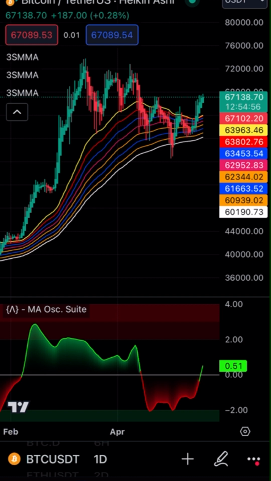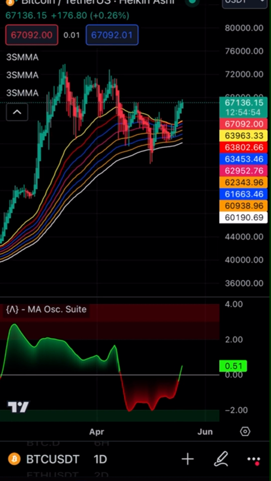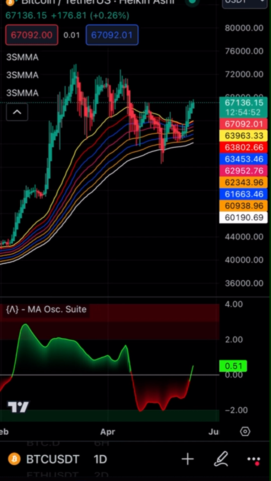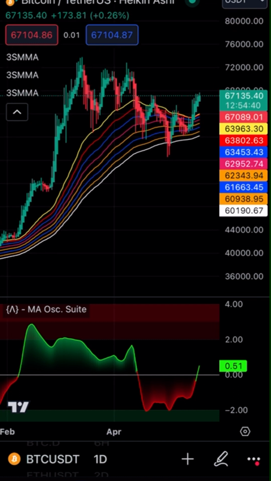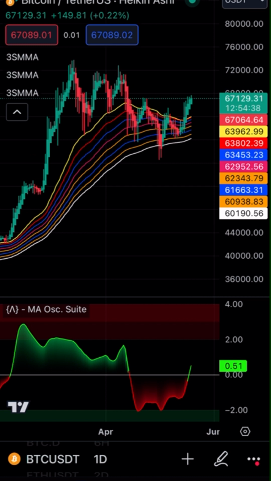So what I do with this strategy, the first thing you want to do is find the overall trend. We do this by first looking at the day, and we want to identify what the overall trend is. To do that, we want to see the last time that the rainbow strategy has crossed on the day.